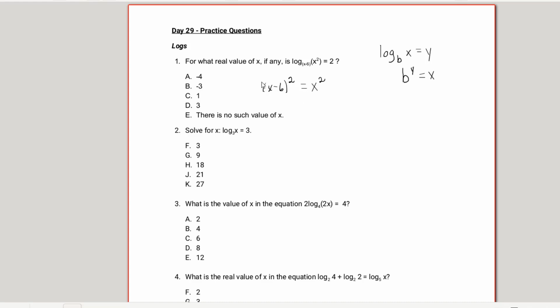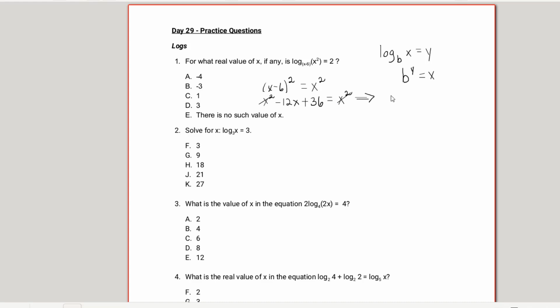So we want to expand out on the left-hand side and square this x minus 6, and we'll get x squared minus 12x plus 36 equals x squared. We're going to subtract x squared, and those two cancel out.